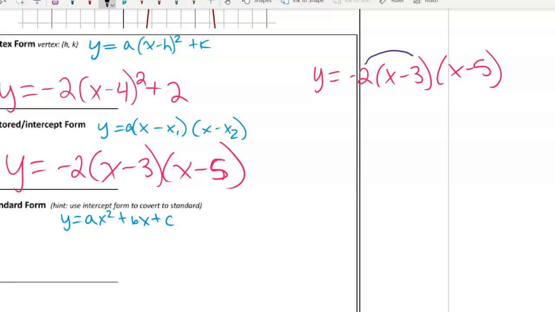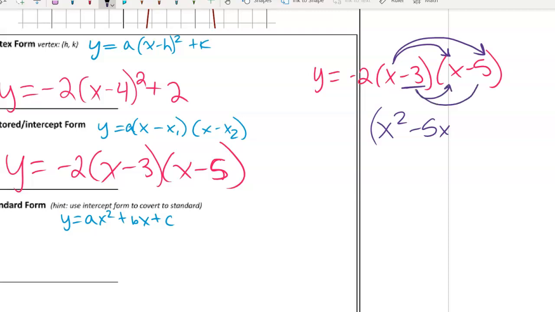So we're going to transfer this, sorry. We're not distributing that. We're starting with x times x and then x times negative 5. X times x is x squared. X times negative 5 is negative 5x. Then we'll start with the next number here, negative 3 times x and negative 3 times negative 5. We have negative 3x and positive 15.